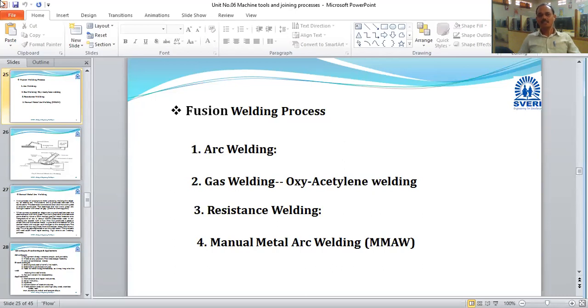We call it the welding process. Welding can be performed in two ways. The first one is fusion welding and the other is plastic welding or pressure welding. In fusion welding we have two types, arc welding and gas welding. And in resistance welding, we have spot welding. Out of these, we saw one yesterday.